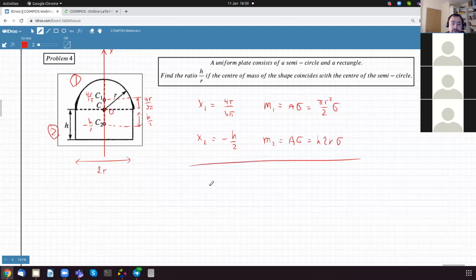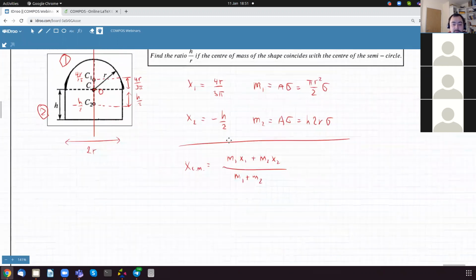And then we simply use the formula for the center of mass. Center of mass is m1 x1 plus m2 x2 divided by m1 plus m2. And we know that the center of mass is at the center of the circle.